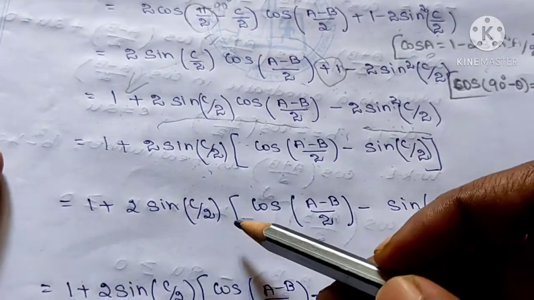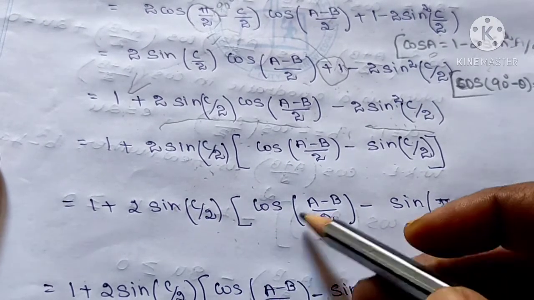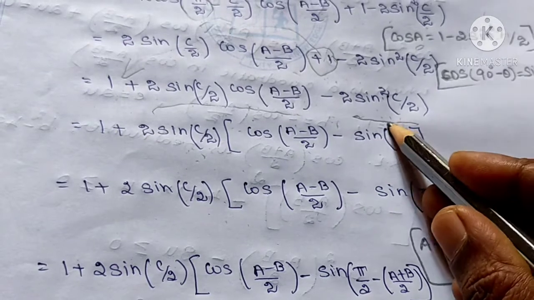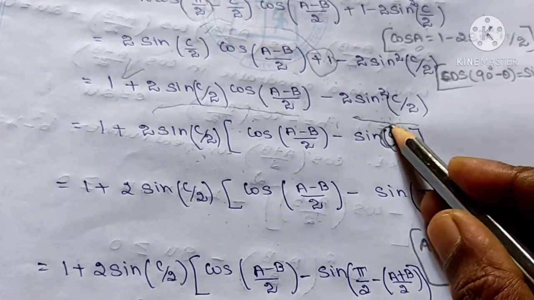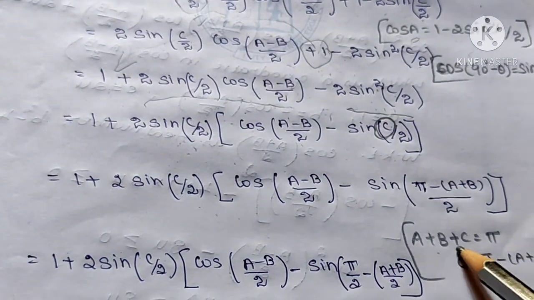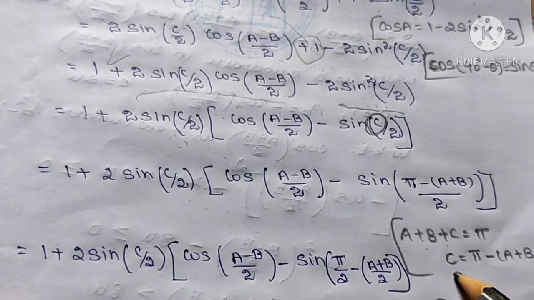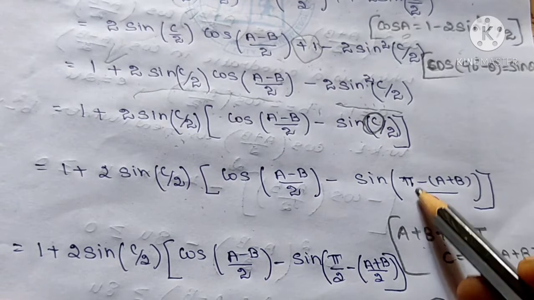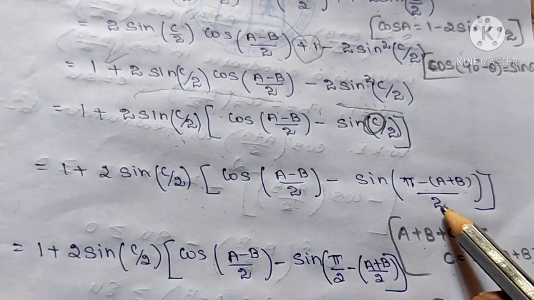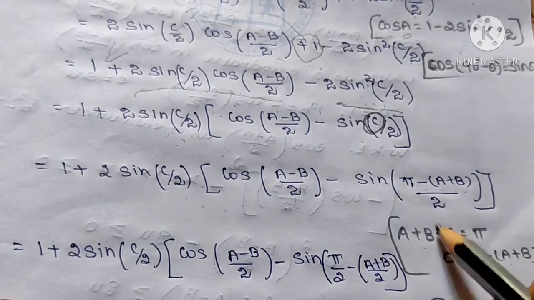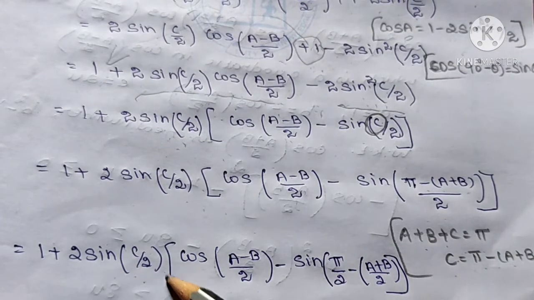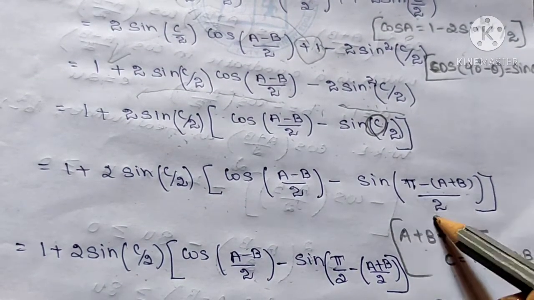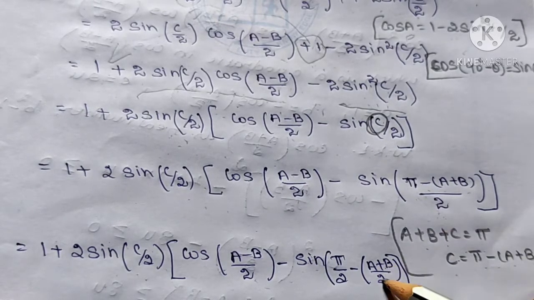Okay, so 1 plus 2 sin c by 2 into cos a minus b by 2 minus this c, also we change and write. Already you know a plus b plus c is equal to pi, then c is equal to pi minus of a plus b. So in this c place you substitute pi minus of a plus b by 2. Okay, so 1 plus 2 sin c by 2 into cos a minus b by 2 minus, split the terms, pi by 2 minus a plus b by 2.